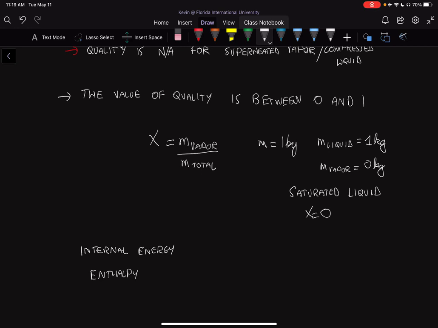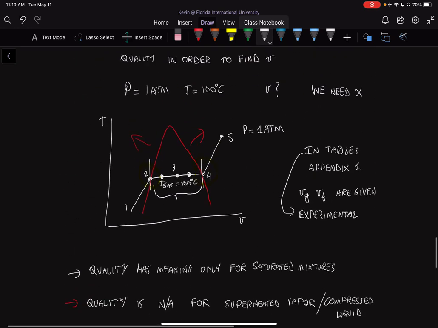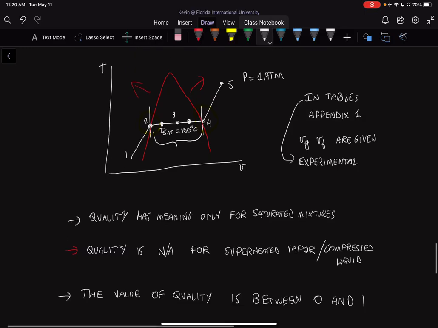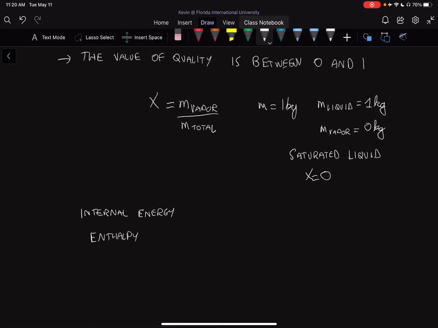So if you had a graph of temperature versus internal energy or temperature versus enthalpy, in the saturated region, you would find your internal energy or enthalpy by the same rule. This is specific internal energy and specific enthalpy, so the units are kilojoules per kilogram and kilojoules per kilogram.